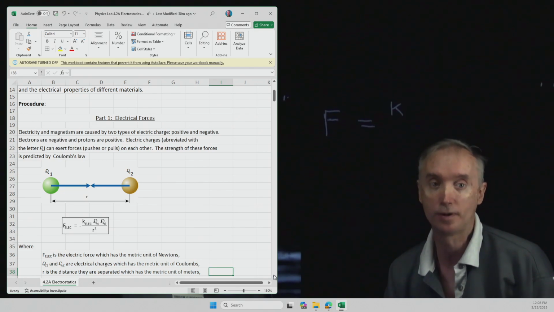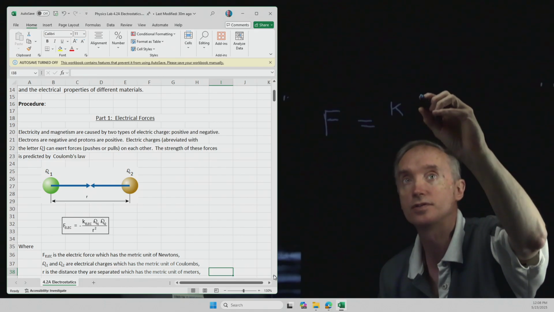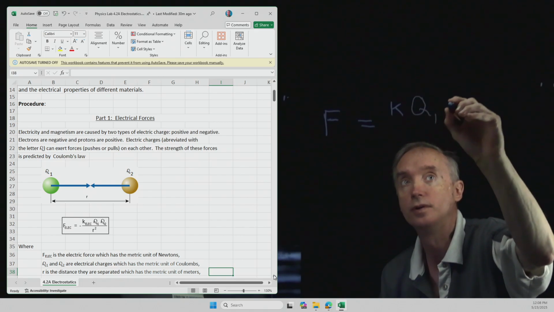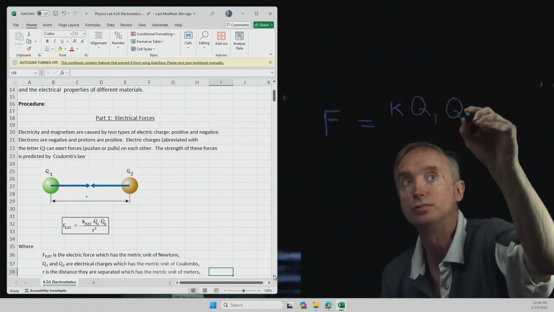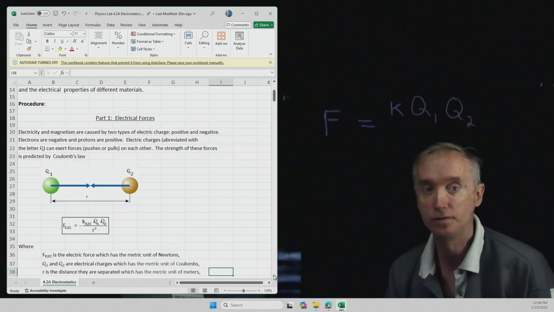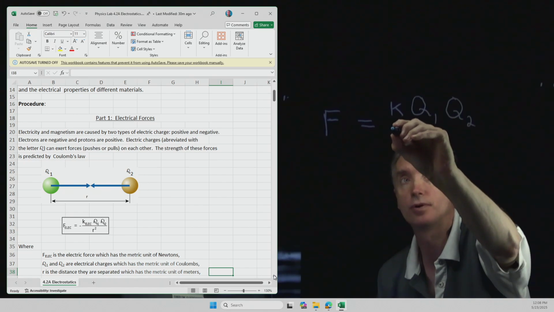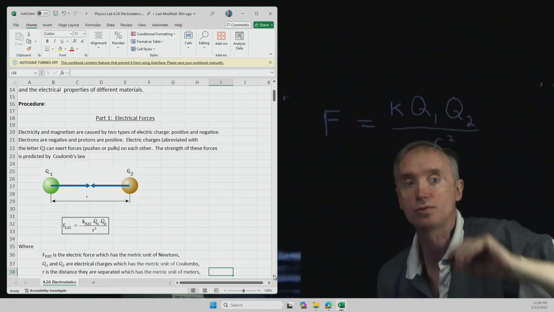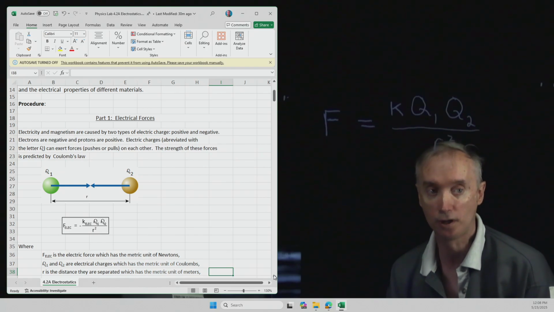So we don't even care about that. But you should notice that it also depends on Q1 and Q2. So this is going to be any two electrical charges, and then they're going to be separated by a distance r, and then we need to square it. So this is going to be called Coulomb's law.